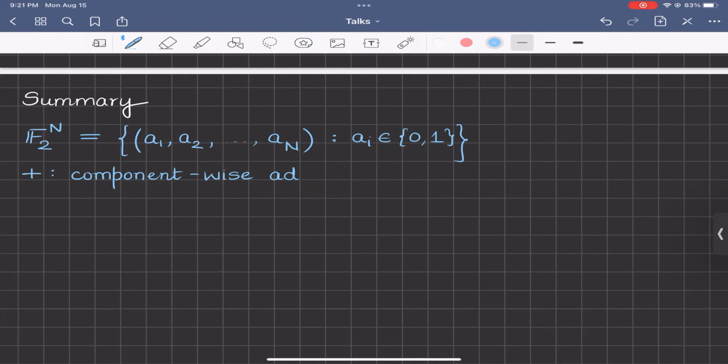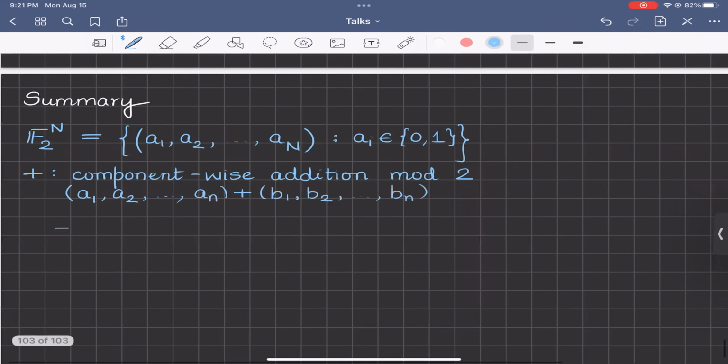Okay, so yeah, the plus addition is component-wise addition mod 2. That is, (A1, A2, up to An) plus (B1, B2, up to Bn) is (A1 plus B1 mod 2, and so on).